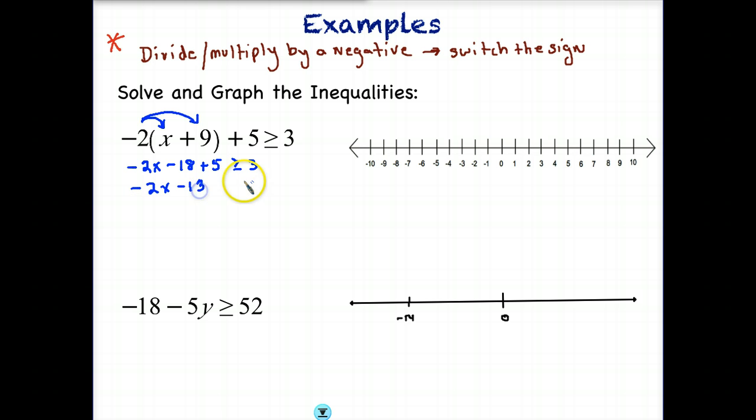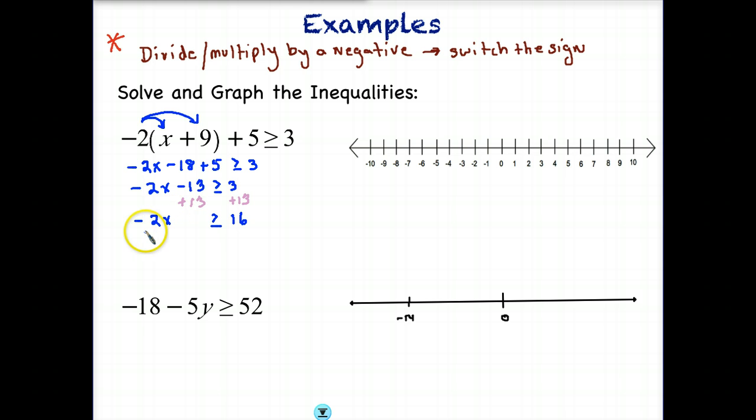So we'll combine the negative 18 and the 5 to get negative 13. Now let's move the 13 to the other side, and we will be left with negative 2x is greater than or equal to 16.